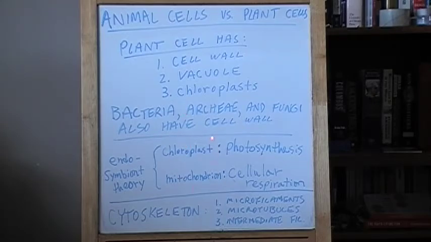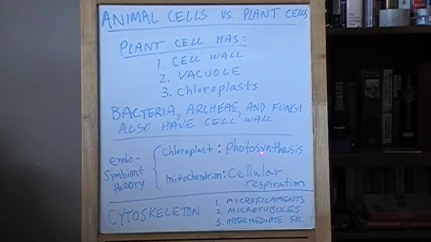And there's 2 organelles, the chloroplast and mitochondria, that are different from other organelles in that they're believed to have originated as free living bacteria that were engulfed by a larger cell to become endosymbionts. So they developed a symbiotic relationship.